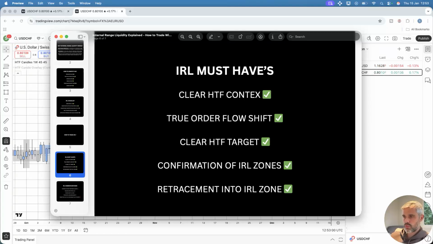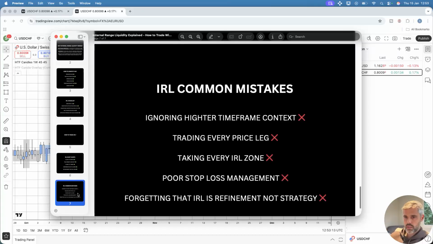You want to have confirmation of the IRL zone, so wait for candles to close before you take entries and confirm those IRL zones. And you want to trade from retracements into those price legs from those zones rather than just buying a breakout as it occurs.